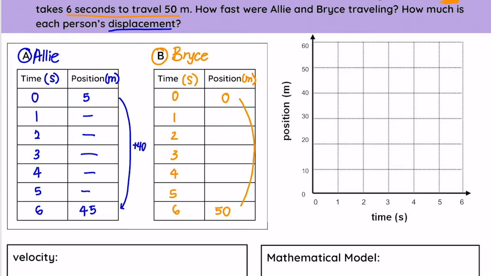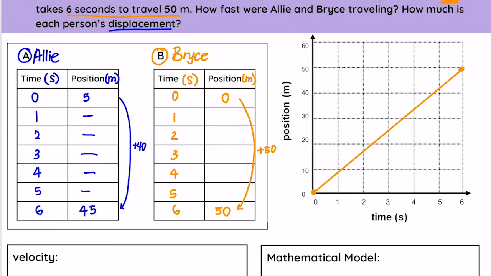And so now let's go ahead and graph. So Bryce started at 0 and ended at 50. So I'm going to use my line tool and I'm just going to draw a line between 0 and 50. All right.